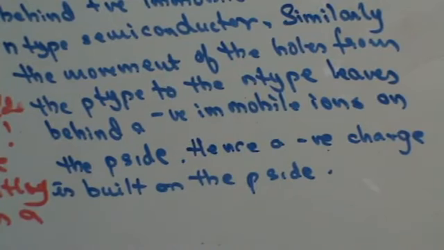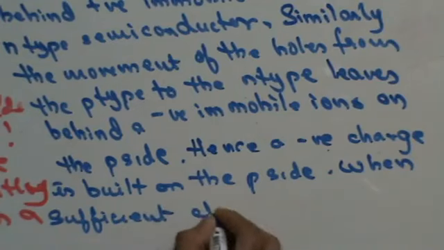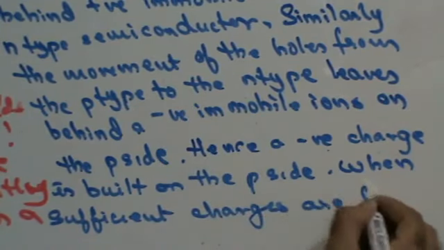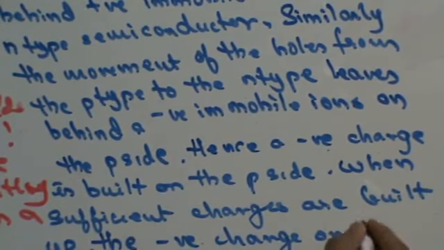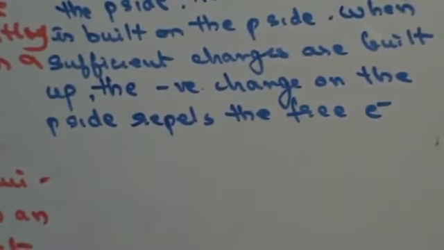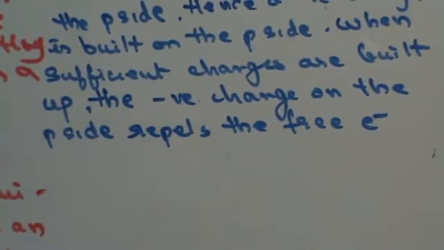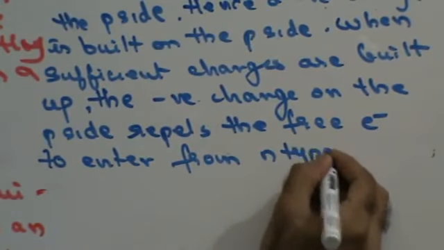Now, when sufficient charges are built up, the negative charge on the P side repels the free electrons from entering from N type to P type.